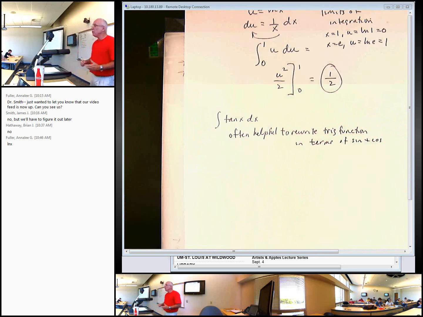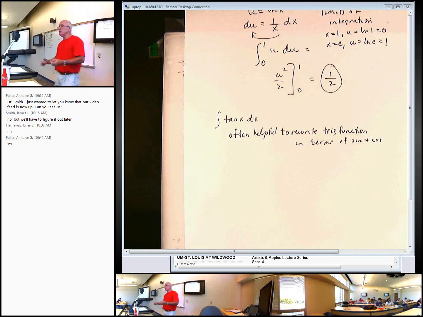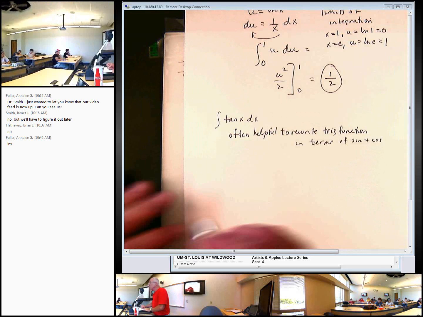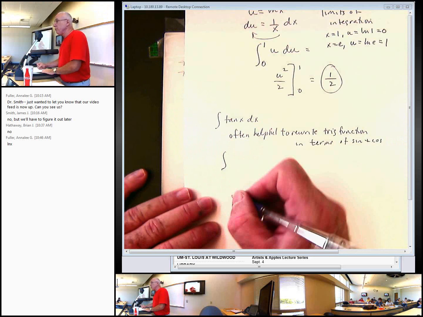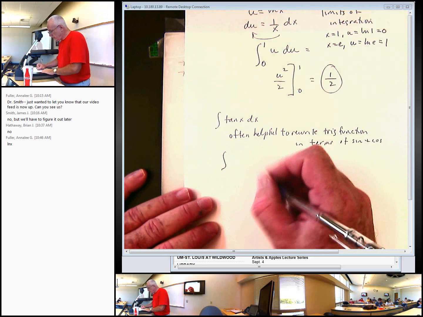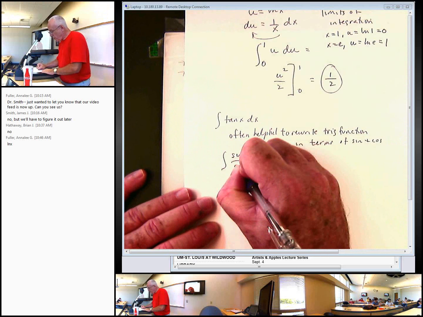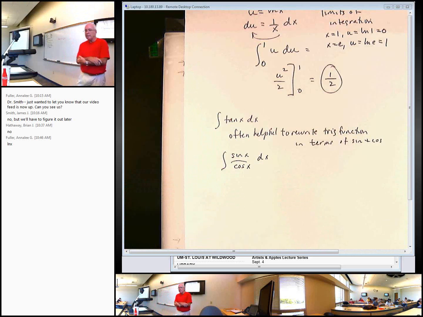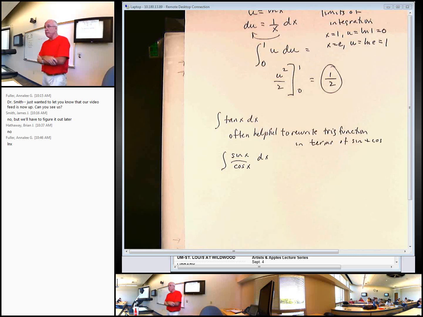Okay, so we're going to do that here. The tangent is the opposite over the adjacent. So that's going to be the sine over the cosine. So I can rewrite the tangent function as sine of x over the cosine of x.